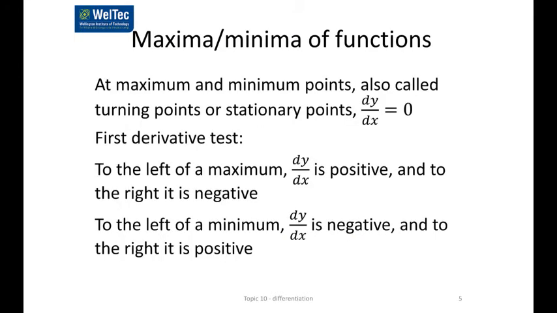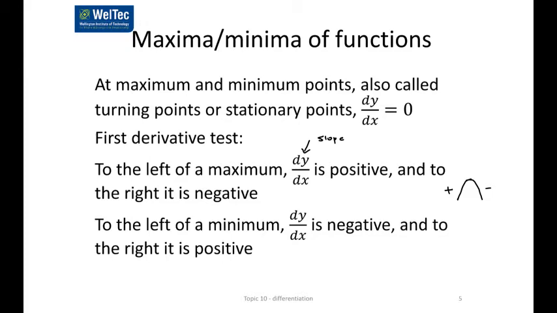Now, we've got a couple of tests that we could use so that we don't have to draw the graph. Because the derivative tells us the slope, if we've got a maximum point like that, to the left of it the slope is positive, and to the right of it the slope is negative.